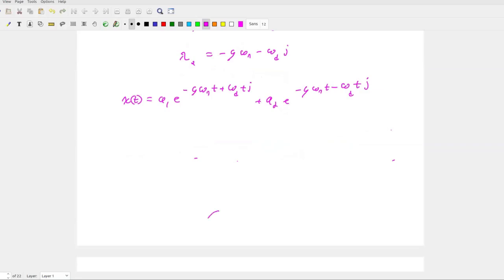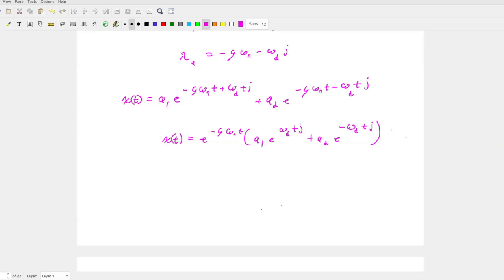So I can just pull out that x of t is equal to e to the negative zeta omega n t multiplied by A1 e to the omega d t j plus A2 e to the minus omega d t j. So that gets us to something a little bit easier to comprehend.